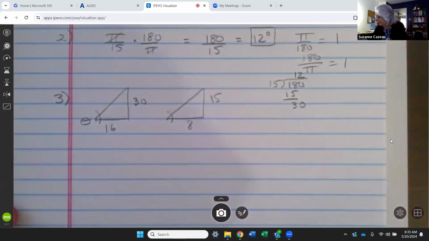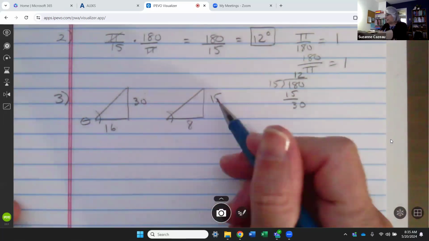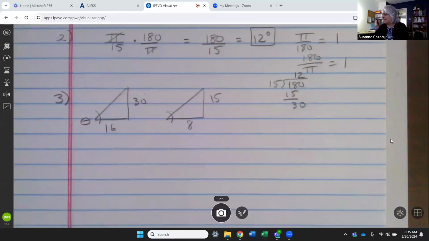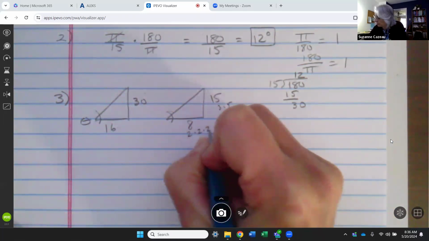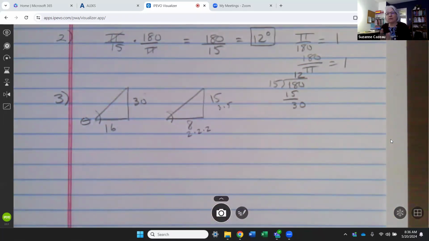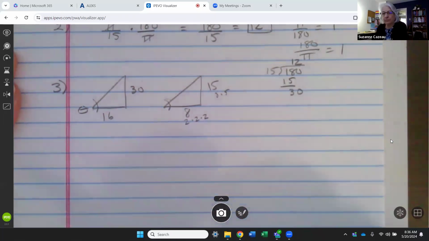So we have 8 and 15. Well, 15 is 3 times 5 and 8 is a bunch of 2s, so this is as far down as we can break it. That makes the work a little bit easier to do.